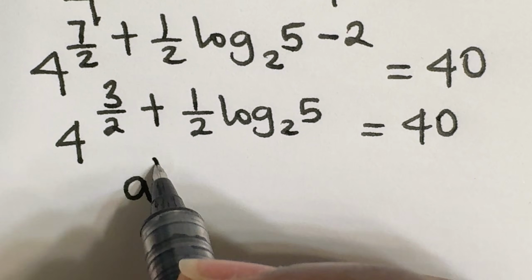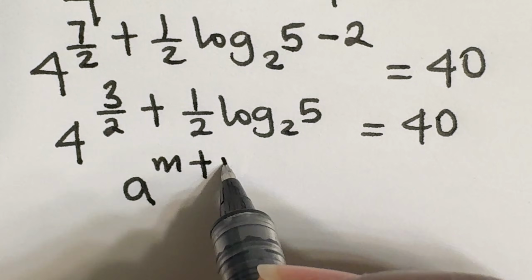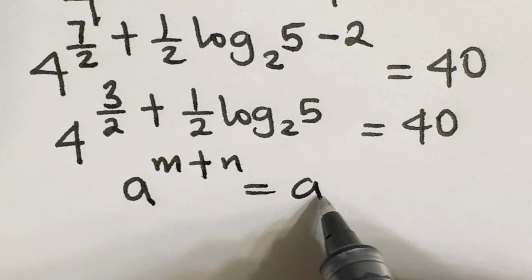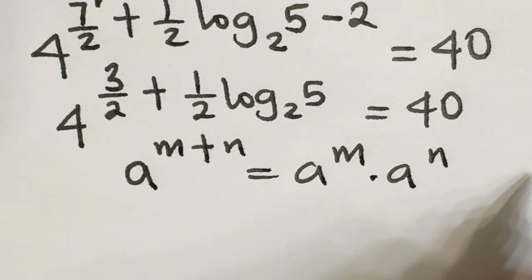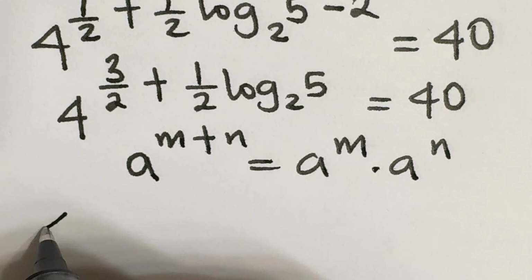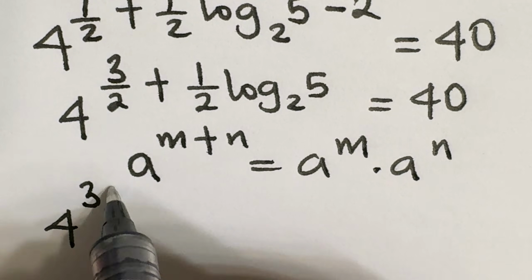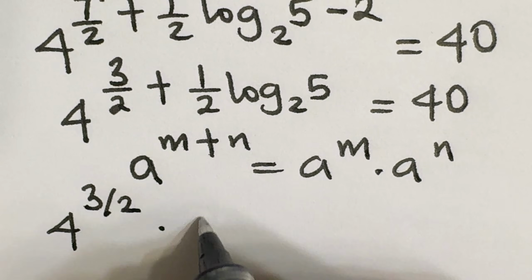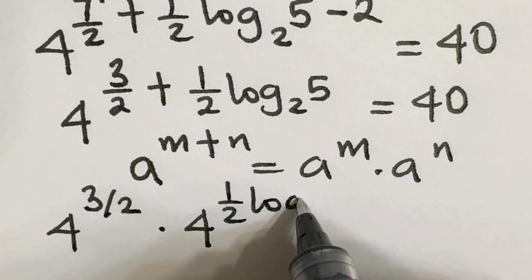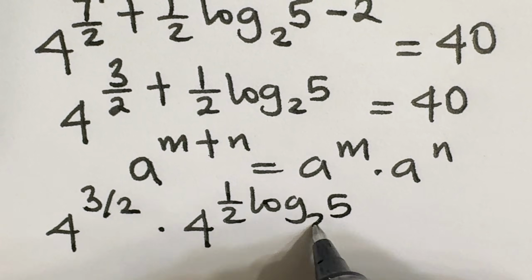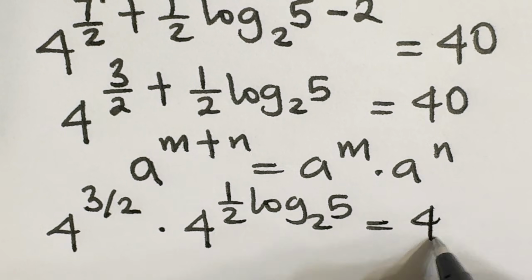A raised to power m plus n will give us a raised to power m times a raised to power n. So we have 4 raised to power 3 over 2 times 4 raised to power 1 over 2 log 5 base 2 to give us 40.